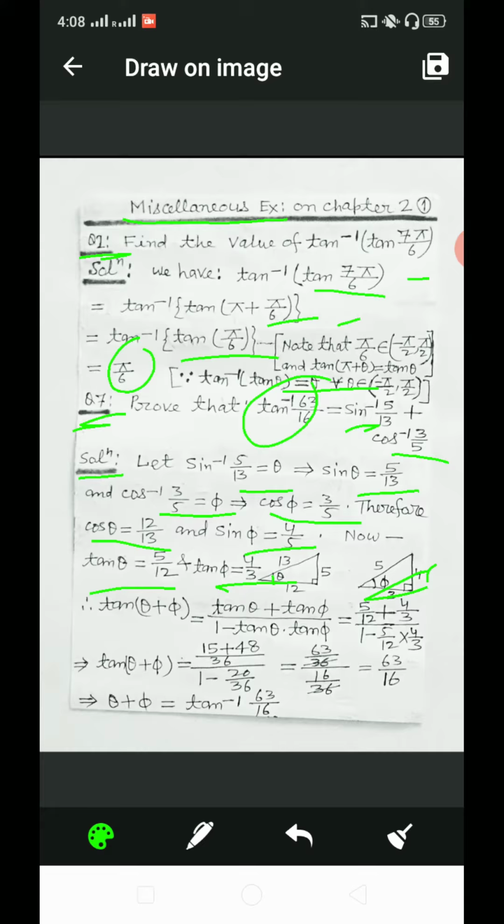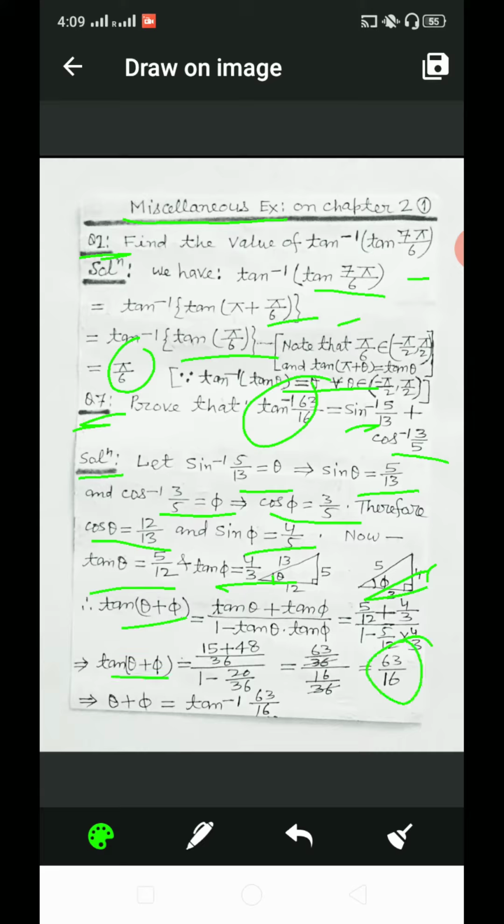Now, tan (theta plus phi) is equal to (tan theta plus tan phi) by (1 minus tan theta tan phi), using the identity for tan (A plus B). So we get tan theta, already we know 5 by 12, plus tan phi, already we know 4 by 3, by 1 minus 5 by 12 into 4 by 3, and after solving we get tan (theta plus phi) is equal to 63 by 16.